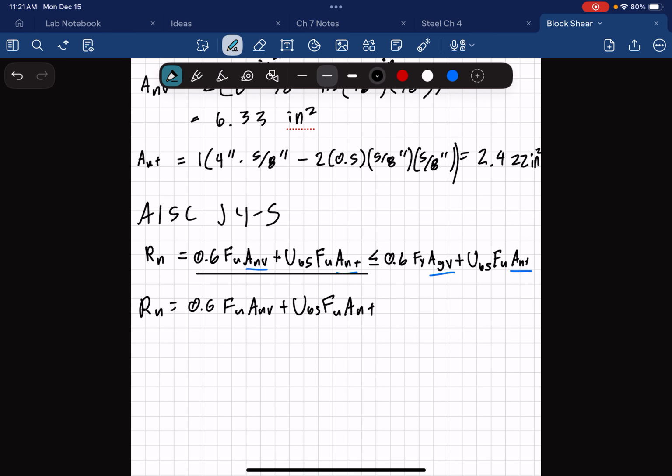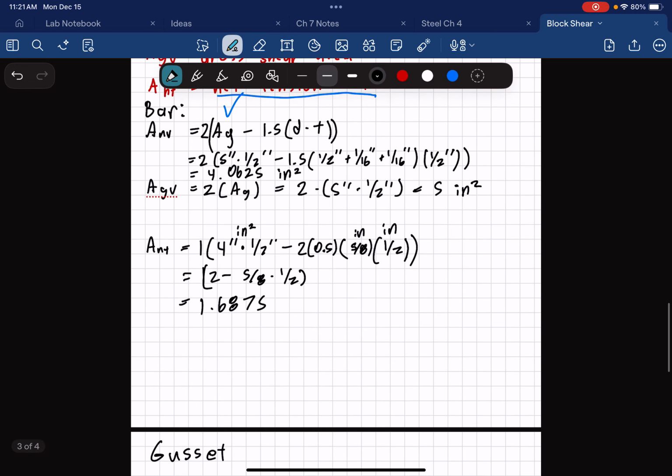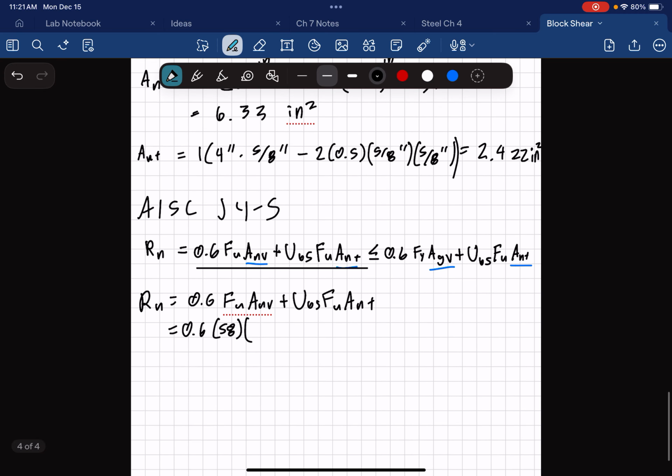And we've now calculated all of this, so it becomes a little bit easier. 0.6 times 58 times a value of ANV equals 4.0625 plus 1.0, because our UBS factor is 1.0.